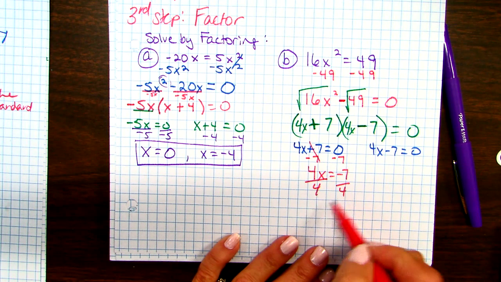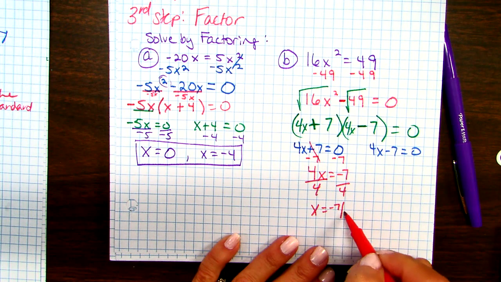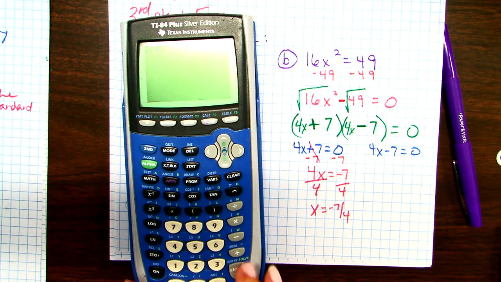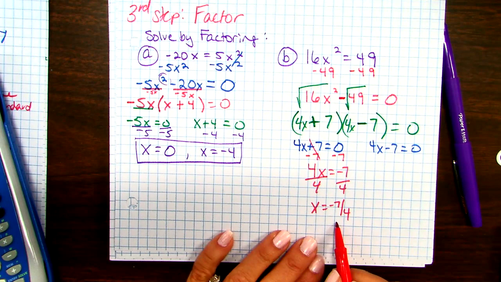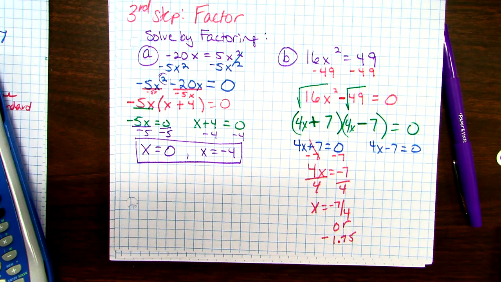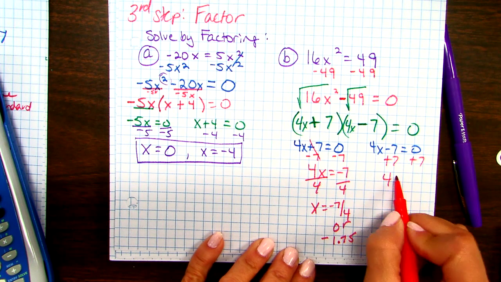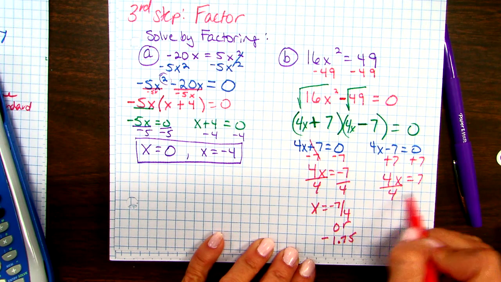And you can leave it as a fraction. You could change it to a decimal if you wanted to. And we'll get the same exact thing here, except it'll be positive.